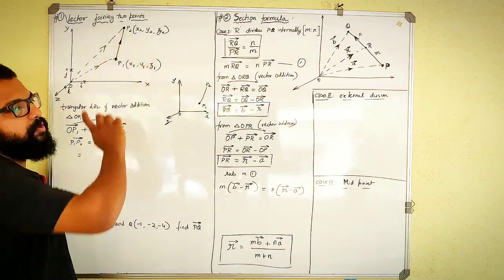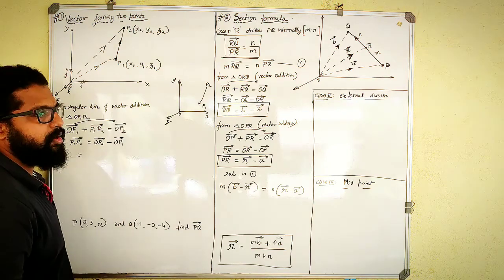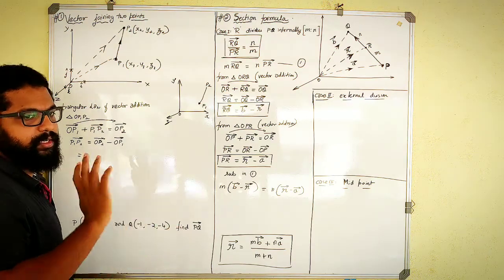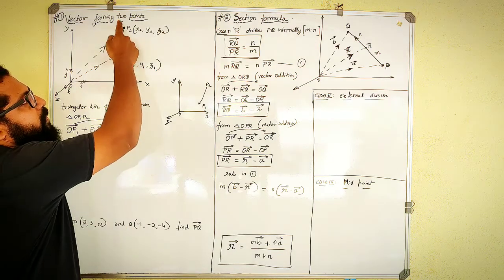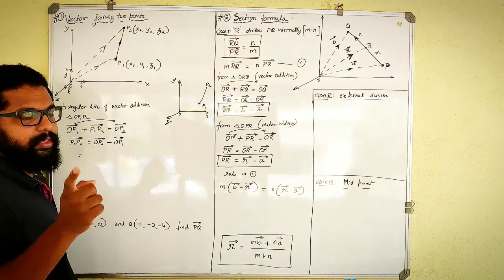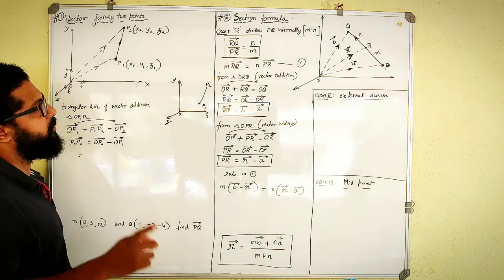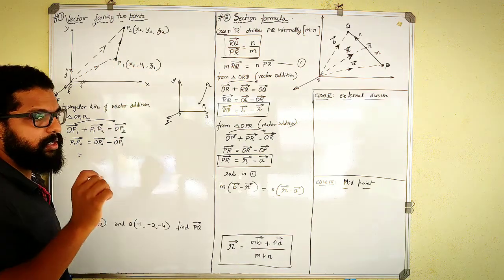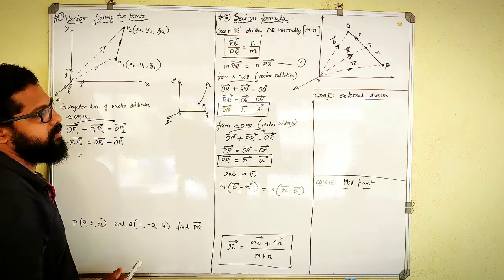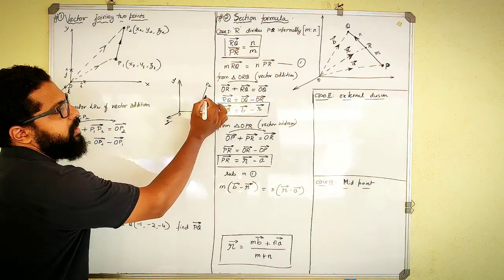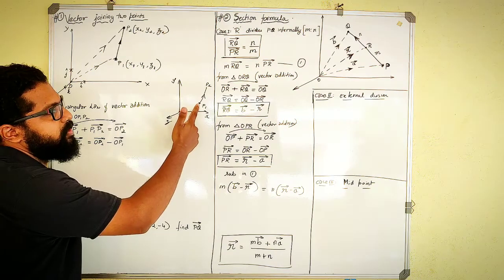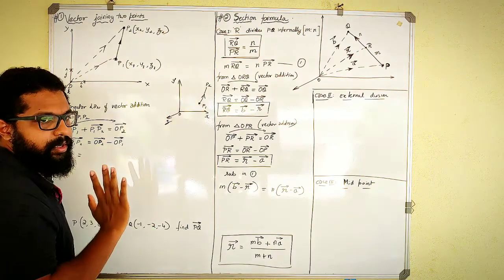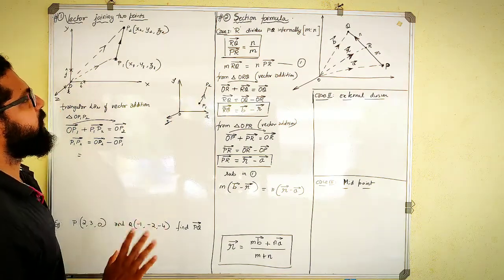For P2, let the coordinates be x2, y2 and z2. Let me assume a line joins P1 to P2. Make sure the direction is a very important point here, because in vectors you need a direction as well. So the arrow mark goes from P1 to P2. Remember it like that first.